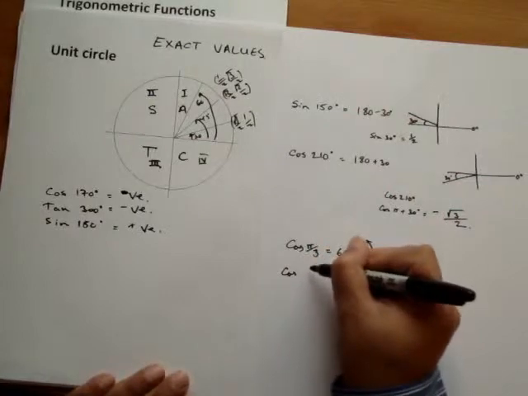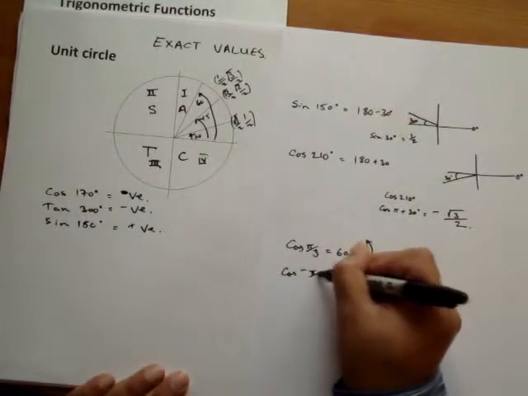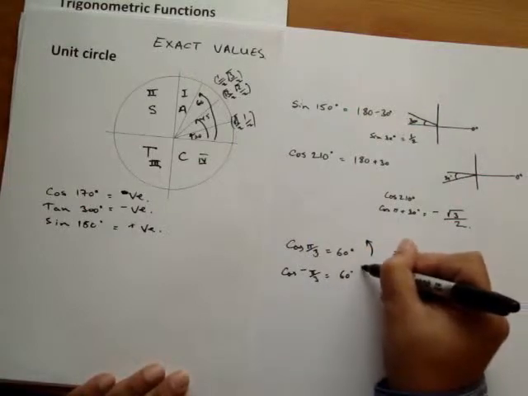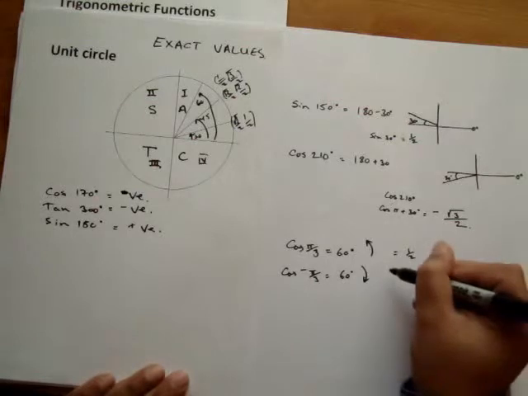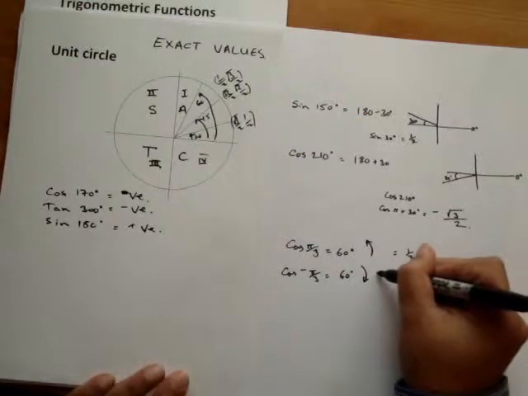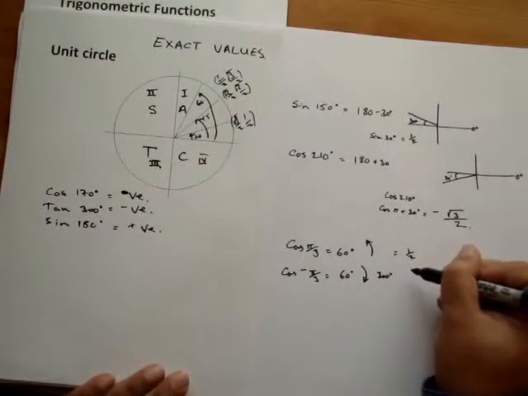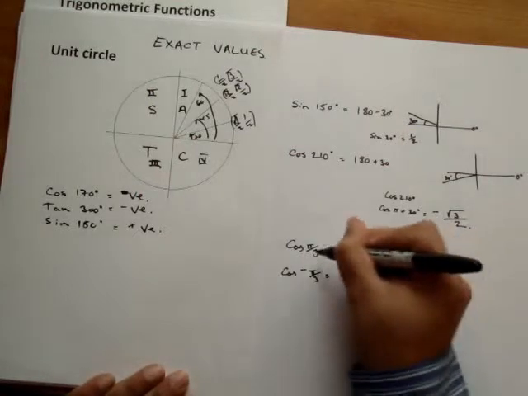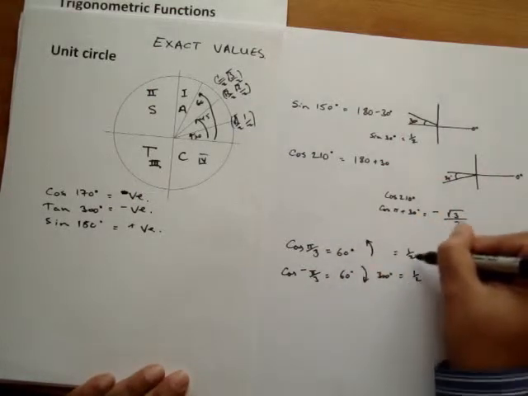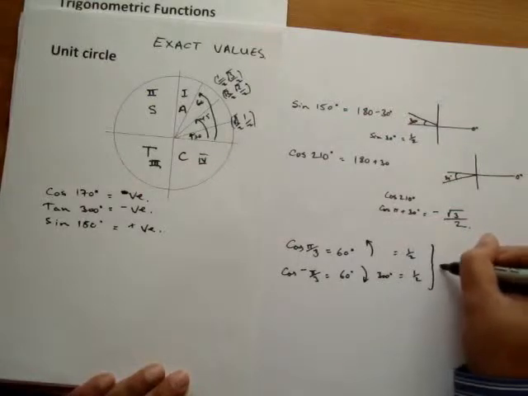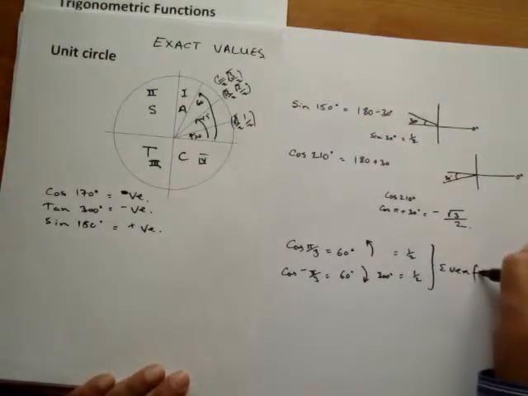Cos of minus pi over 3 is 60 degrees in the anti-clockwise direction, which would equal 300 degrees, and that is still a half. Because the minus and the plus give us the same trig ratio, this is called an even function.